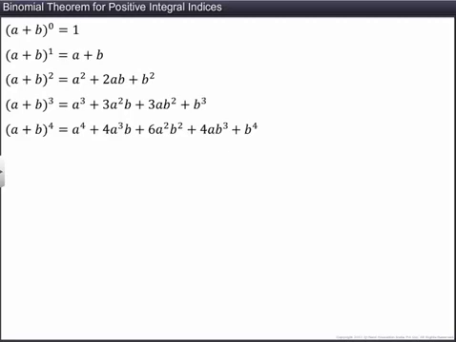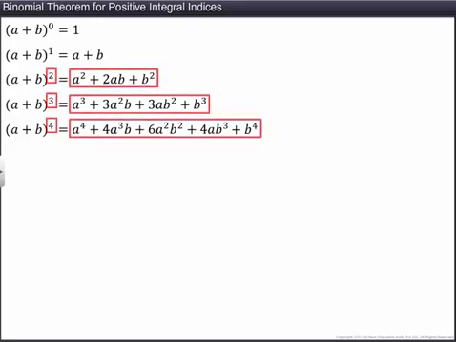From these identities, we see that if the index of the binomial is 0, then the number of terms in the expansion is 1. If the index is 1, then there are 2 terms in the expansion. You can see a similar pattern in the remaining identities.